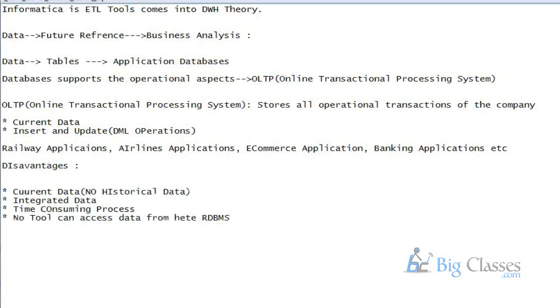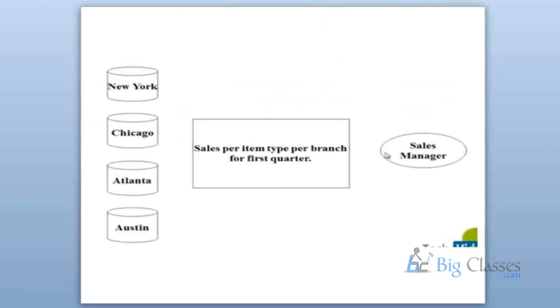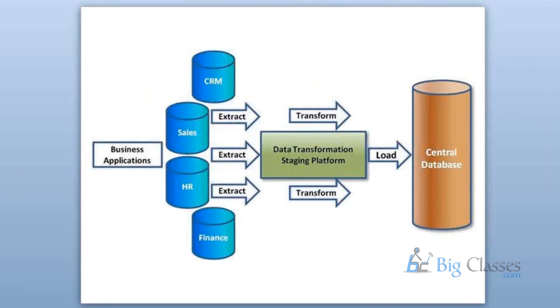So where should I go for doing a better analysis of my business? For better decision making and for better forecasting of the system, where can I do this? Because of this reason, it led to the invention of a new theory called the data warehouse, right? So what is going to happen here?